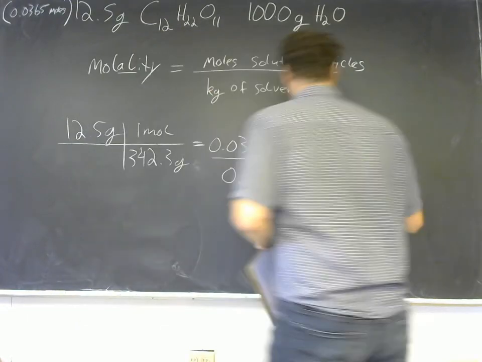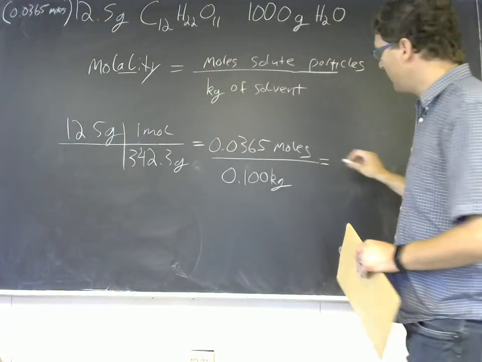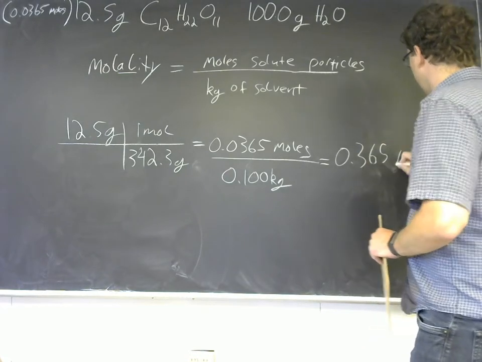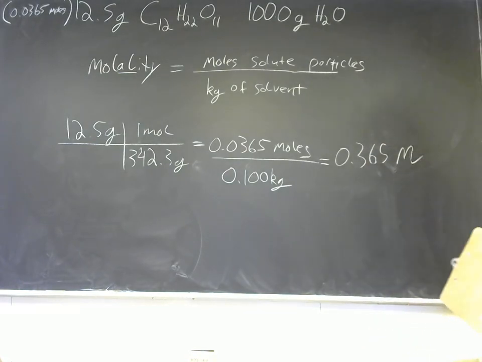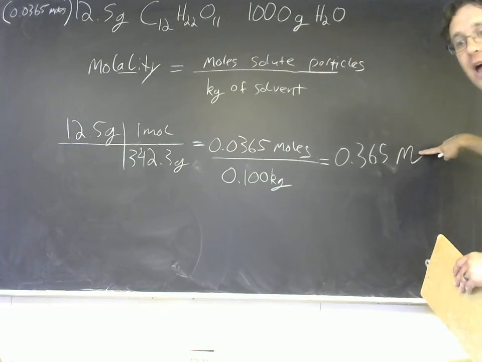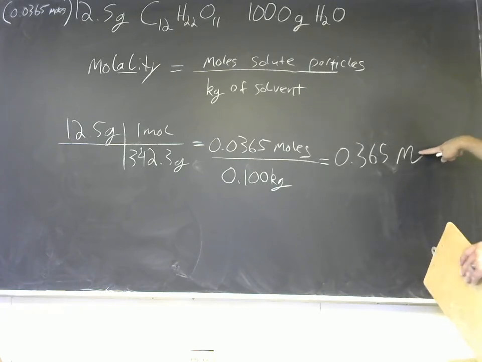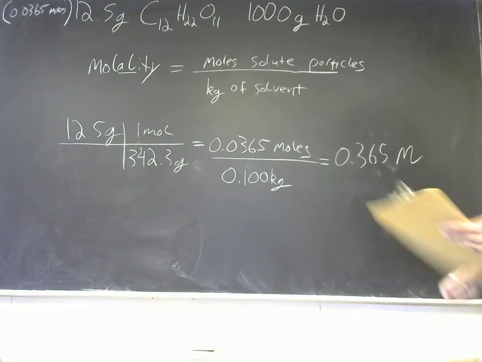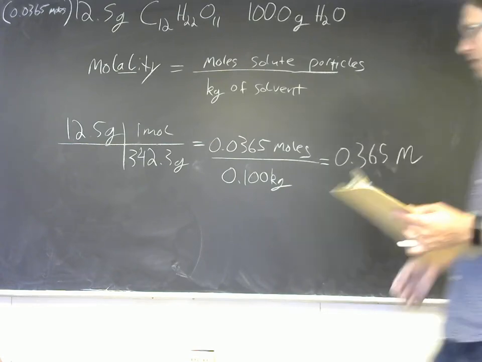And this is going to give us a molality of 0.365 molal. And we'll represent molality with a lowercase m to distinguish it from molarity that has an uppercase M. So that's the molal concentration.